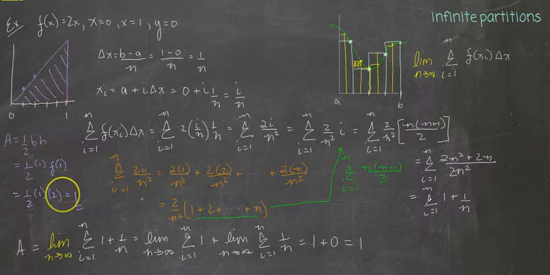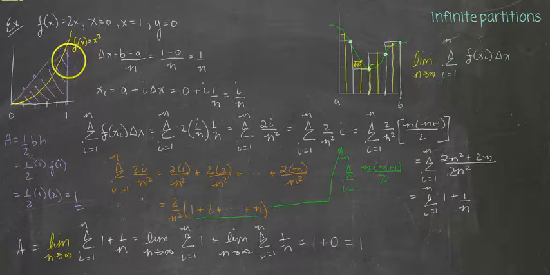We can find it using simple geometry, but as soon as we get even slightly more elaborate in a function, and even the next step up, which would just be f of x equals x squared, we have no geometry to calculate. All we can do is estimate by partitions.